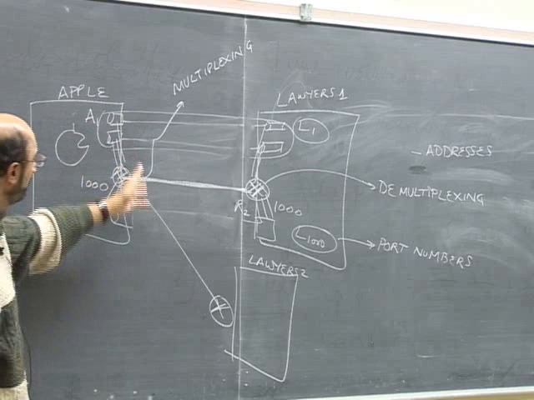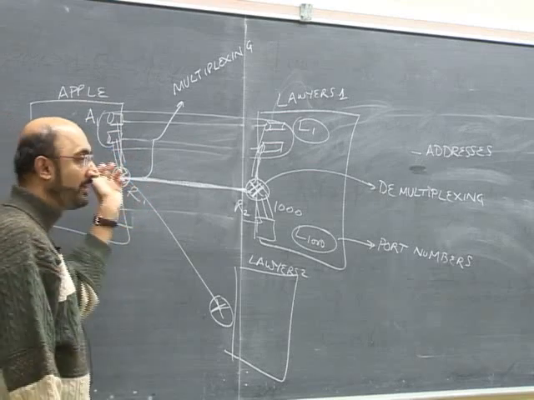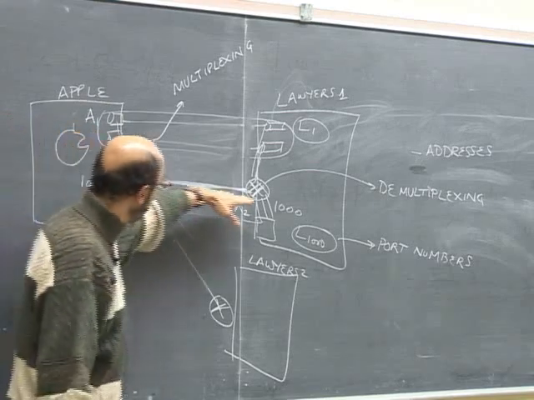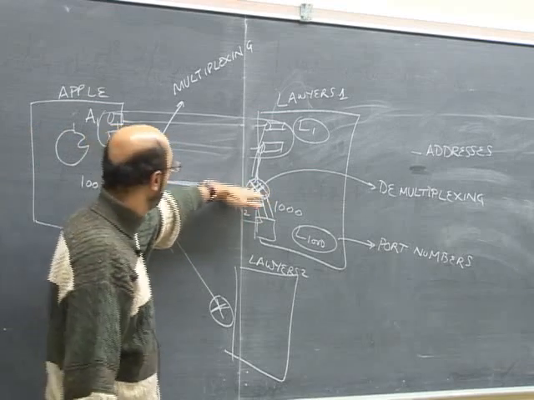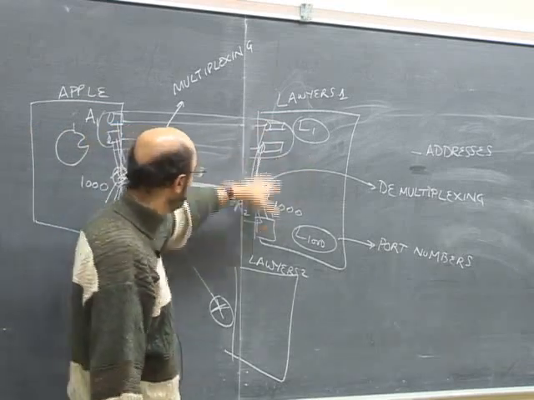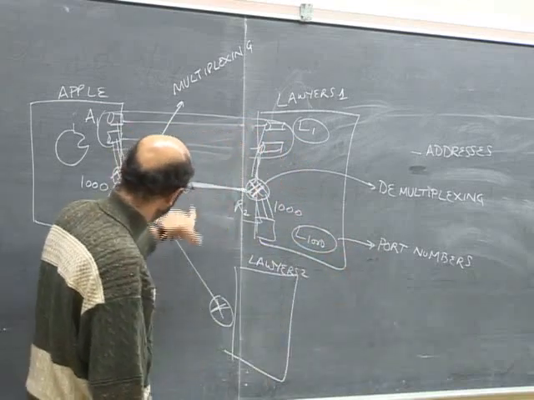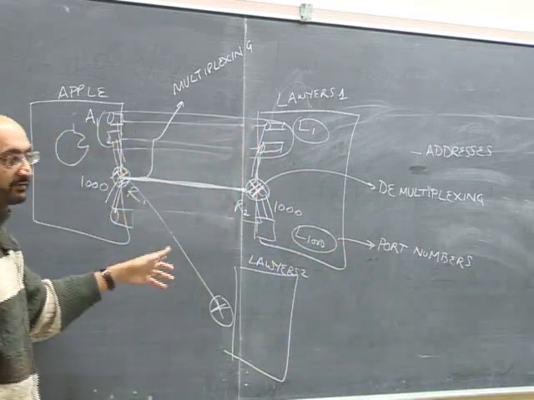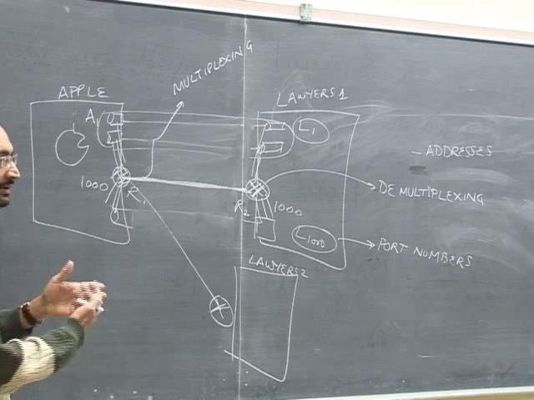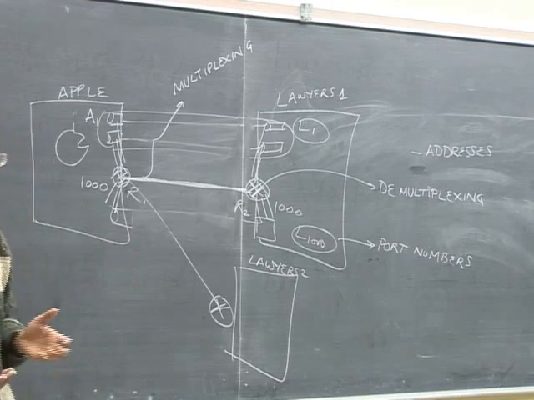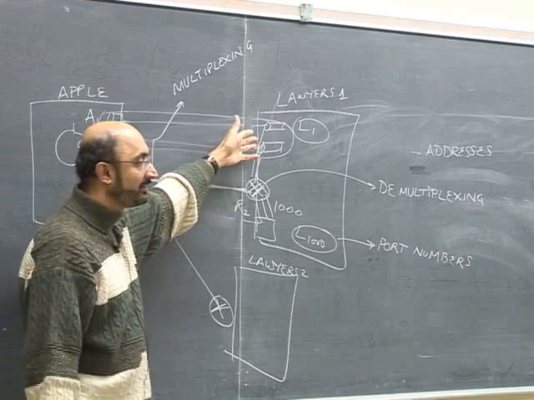It's multiplexing going on over here. And to require multiplexing, at this point over here, we've got to figure out where it goes. To figure out where it goes, we use port numbers. And to figure out whether to use this one or that one, we use addresses. So the address plus the port number uniquely identifies which destination it's going to.